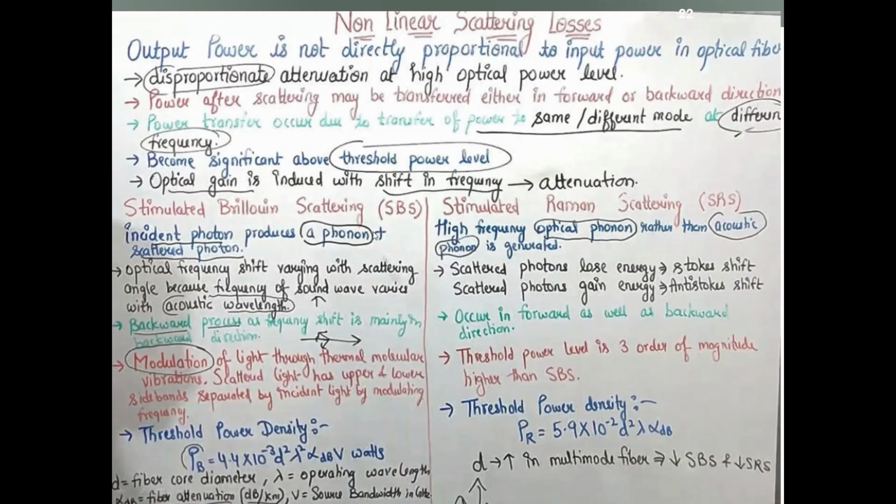Here in Brillouin there are scattered phonons plus acoustic phonons; in Raman there are no acoustic phonons, only scattered phonons. The optical power shift varies with the scattering angle, and there is an acoustic wavelength, while here there are no acoustic phonons. So these are the formulas, and using them you can identify how to increase or decrease the power.